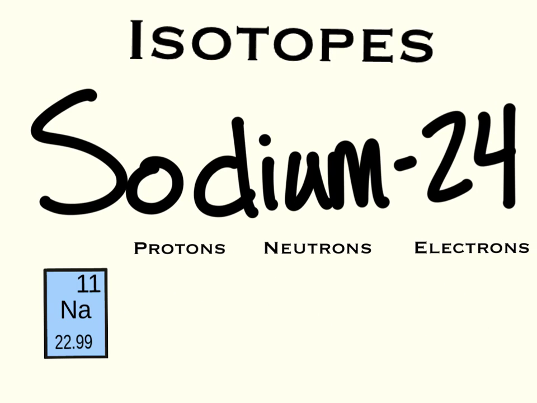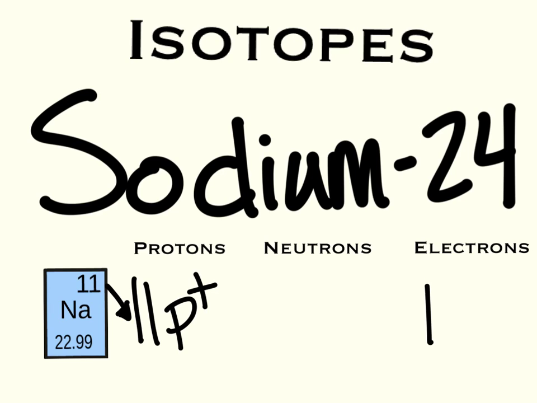Now looking at another example, we're looking at sodium-24. So again, the name here, and this is the atomic mass we're going to be dealing with. Sodium, we know, has 11 protons because its atomic number is 11. If it didn't have 11, as we know, it wouldn't be sodium.